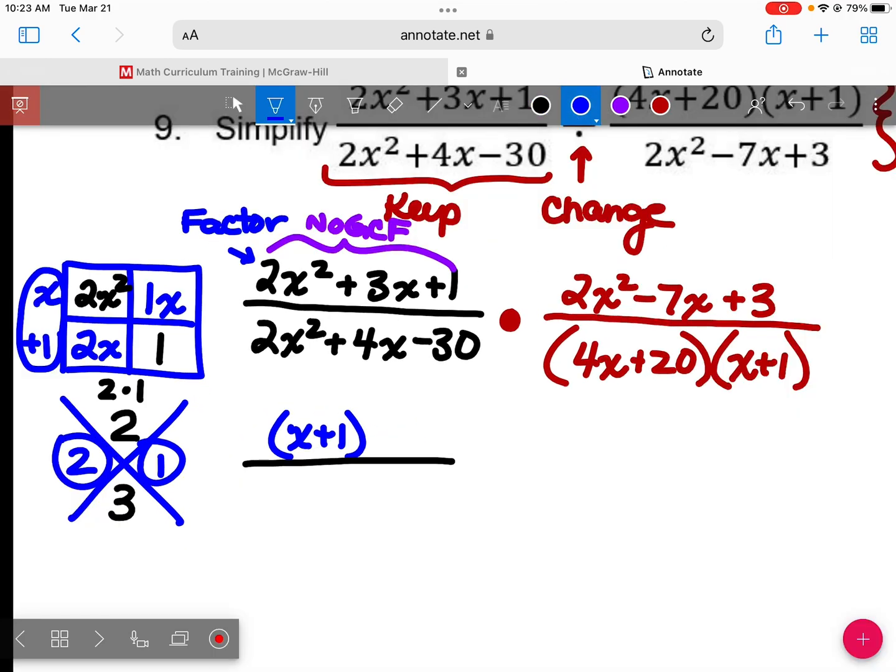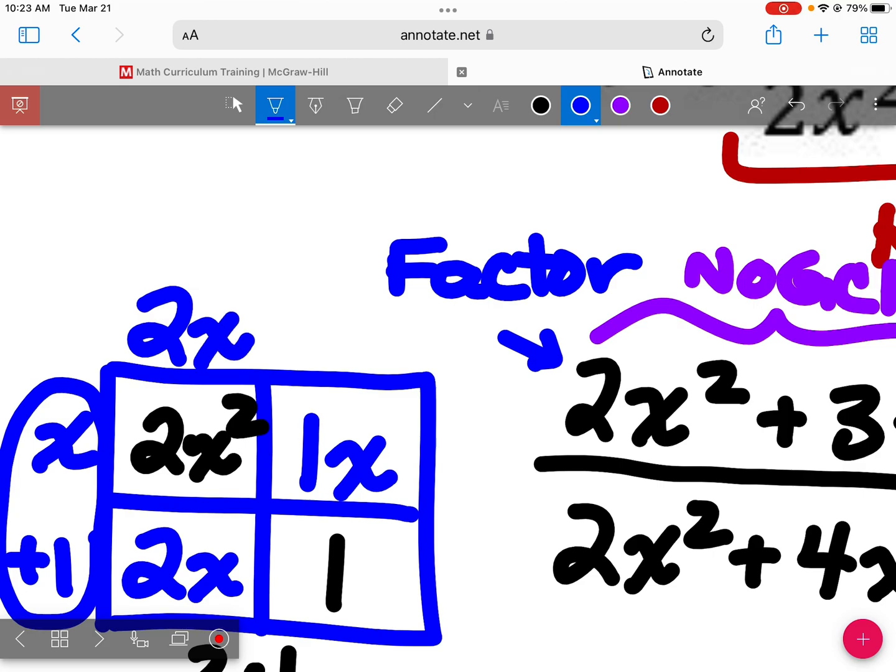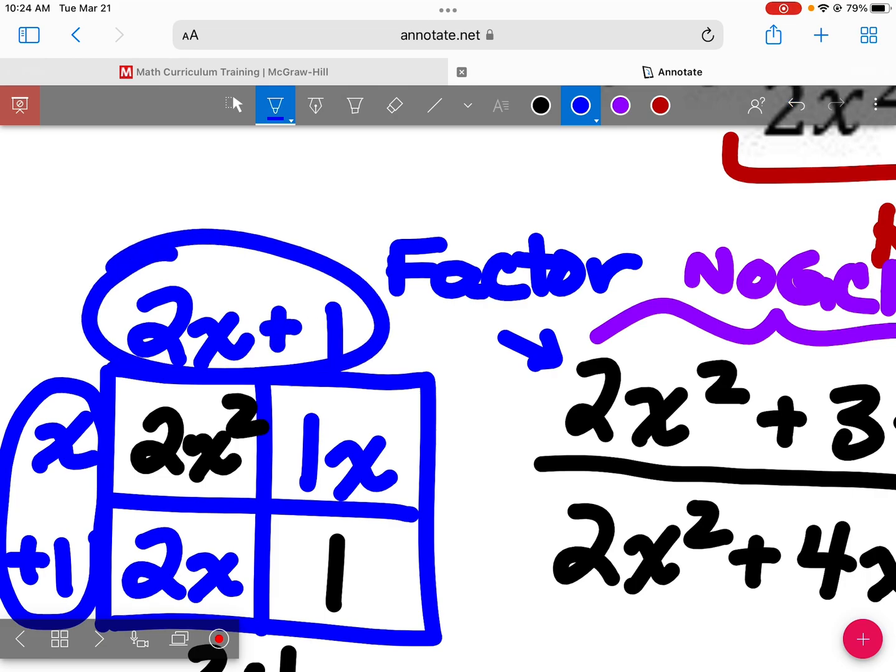And then I'm going to do my columns. 2x squared and 2x. What do they have in common? 2x. One x and 1. 1. So 2x plus 1 is my other factor here.